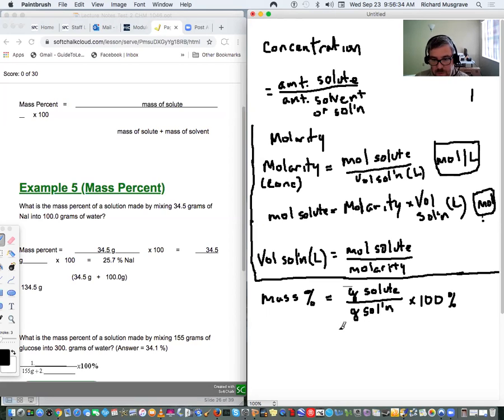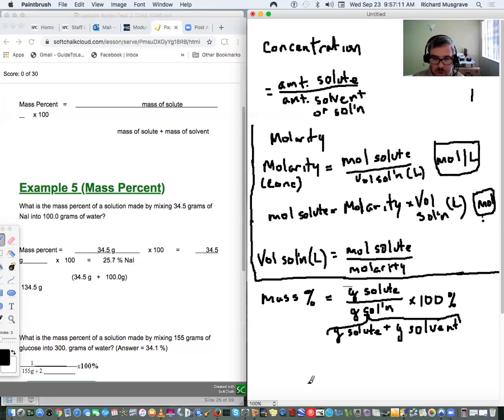Remembering, of course, that the grams of solution is going to be grams of solute plus the grams of solvent. So that's important. It's important to make that distinction between what I mean by grams of solution and grams of solvent, because the solution includes both.